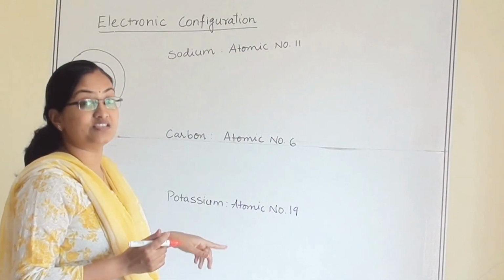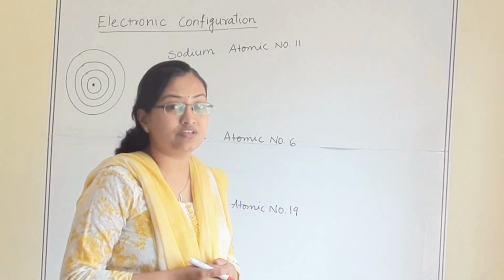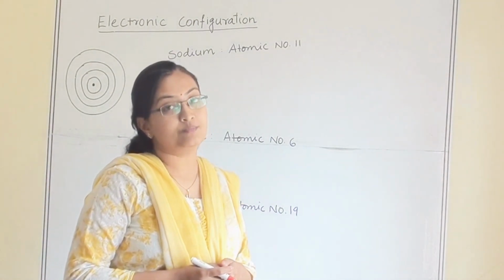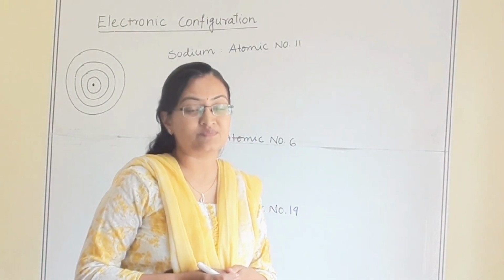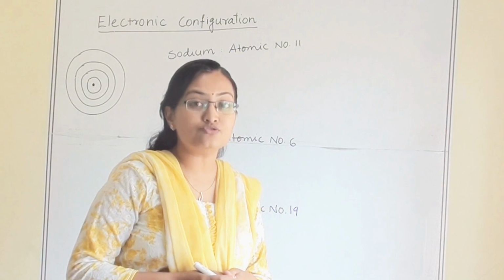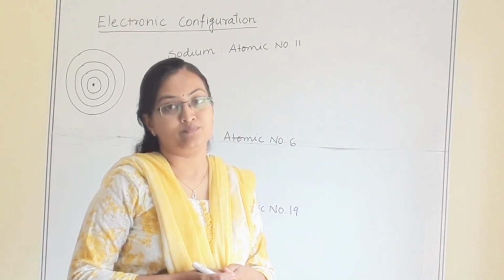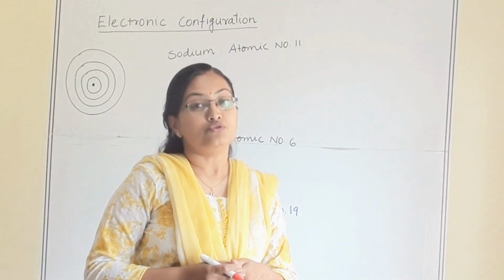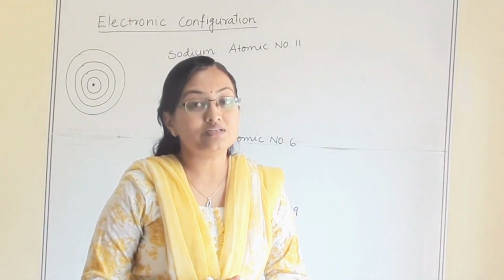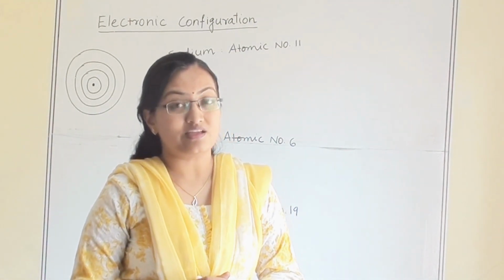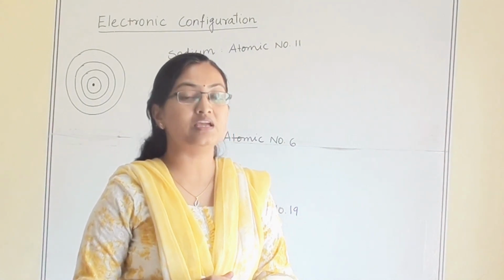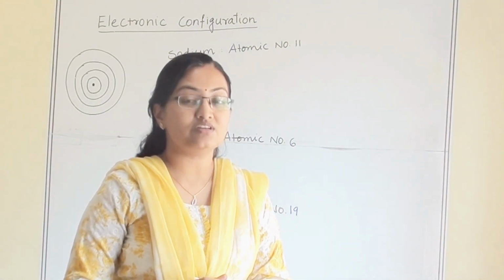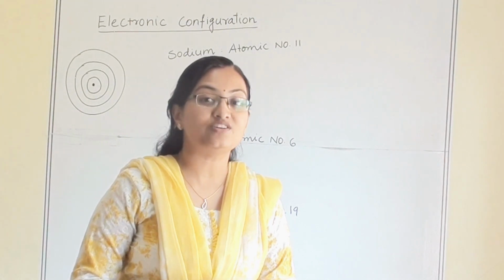When we are writing an electronic configuration, we do know the atomic number for that element. In 8th standard ICSE syllabus, from element 1 to element 20 is there. So you have to remember the name of the element and atomic number of the element, because in the exam most probably your teacher will not give you the atomic number.